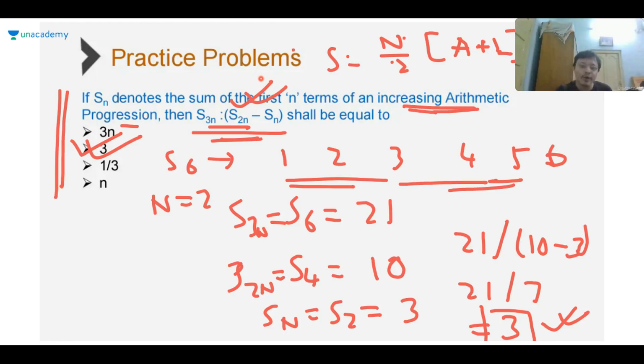In fact, most of the questions on sequences and progressions can be easily solved by just putting in a few values here and there. Is this clear to everybody? How we got option B, that is 3?